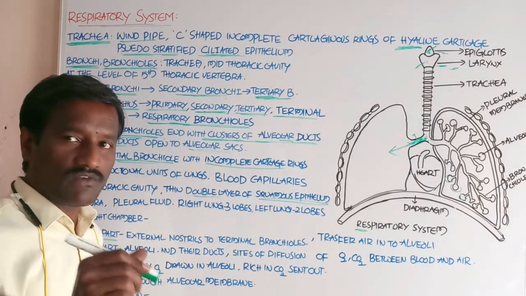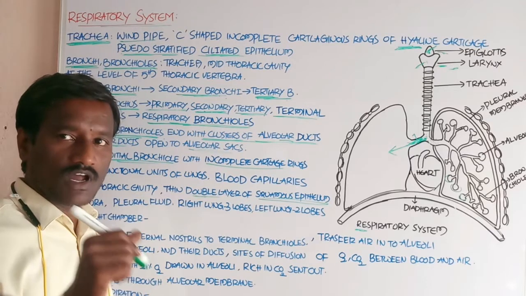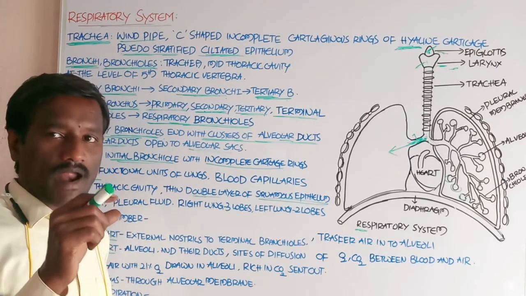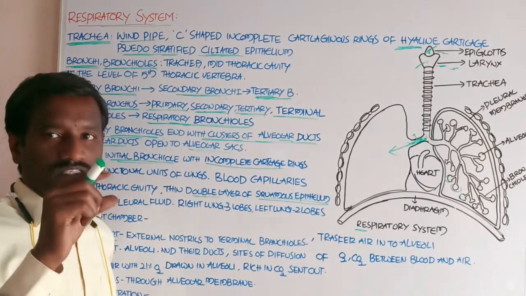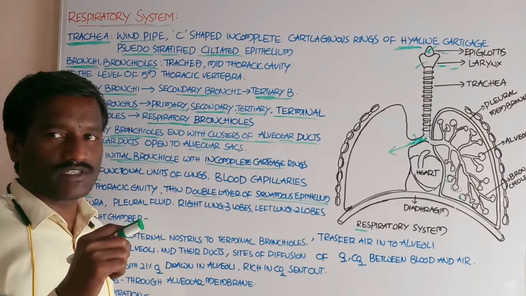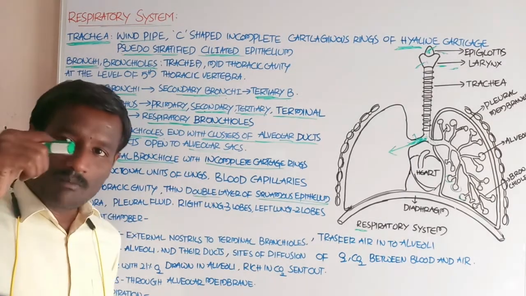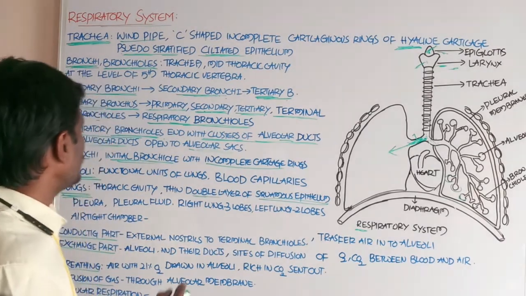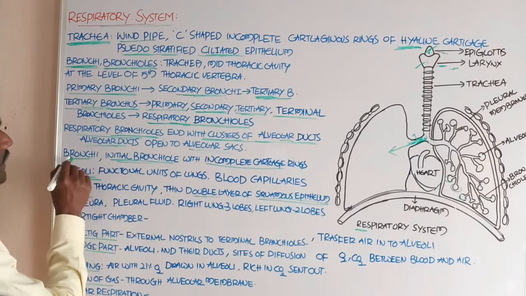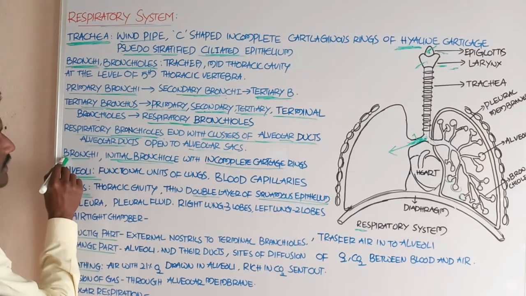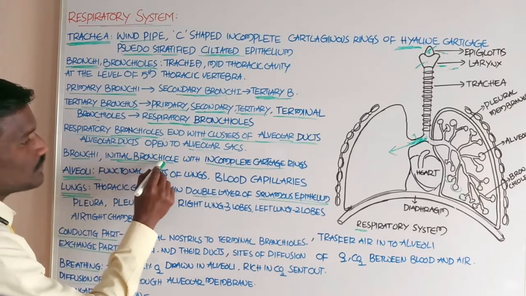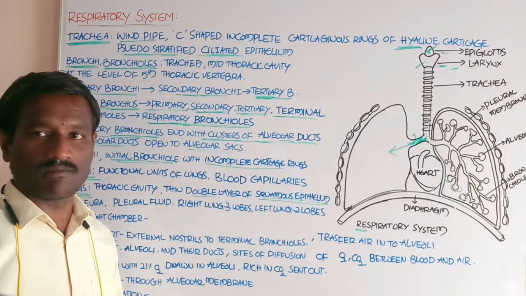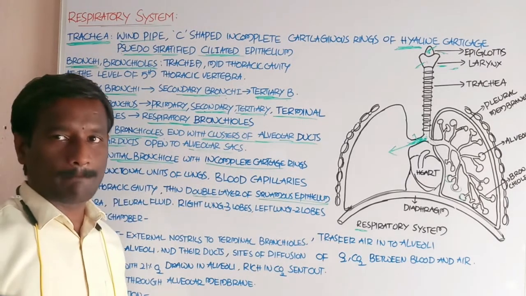Each alveolar sac consists of a thin wall, a bag-like structure, with a large amount of blood capillaries. The initial bronchioles have incomplete cartilage rings like the trachea.